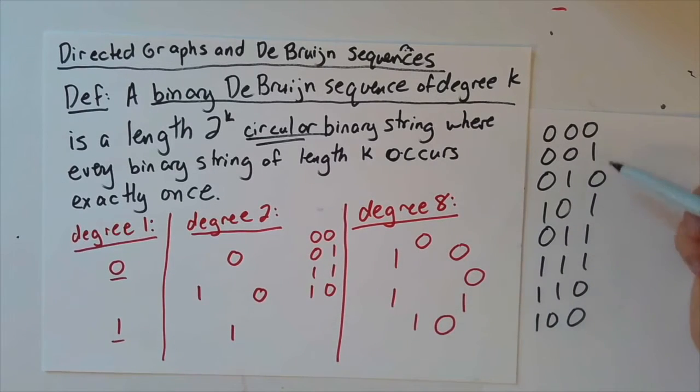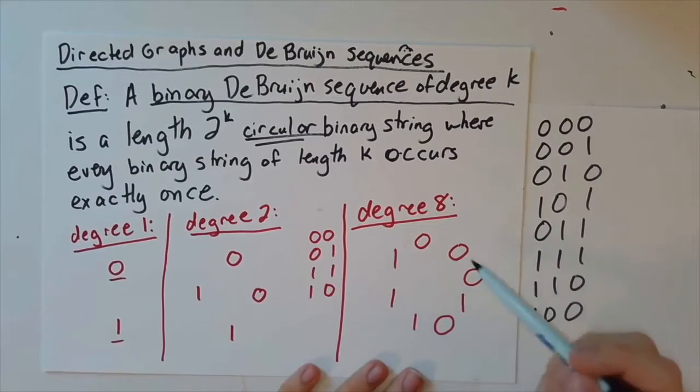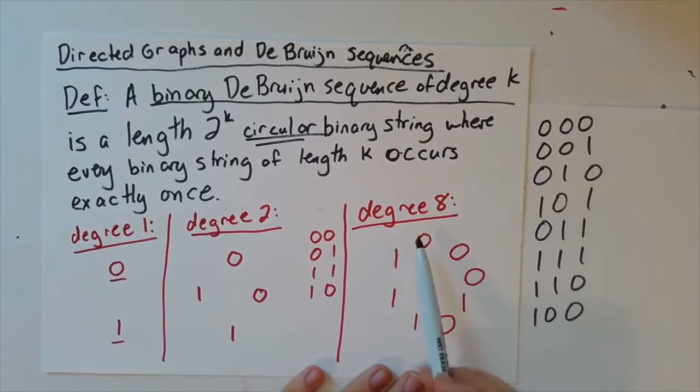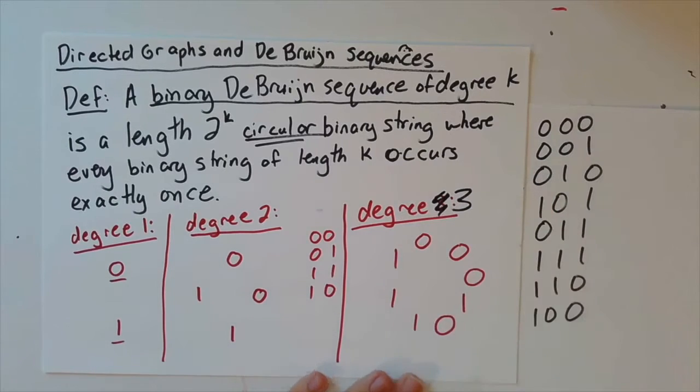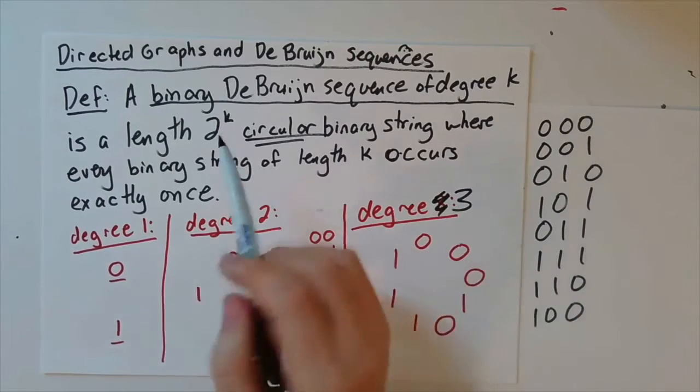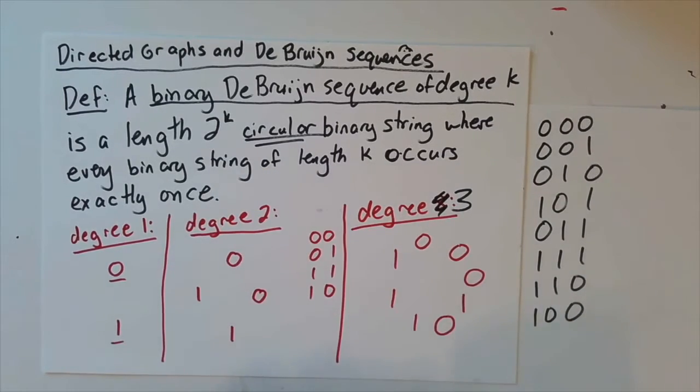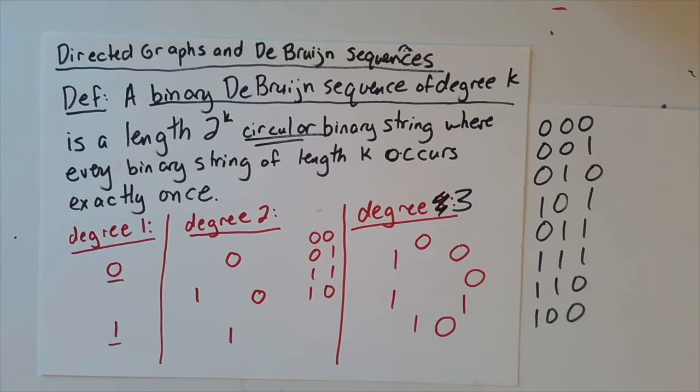And you can check. There are my 8 possible binary bit strings of length 3. And they're all encoded here in this degree 3 de Bruijn sequence, which has 8 things. And of course, you can see, why does it have to have length 2 to the k? Well, because there's 2 to the k binary strings of length k.